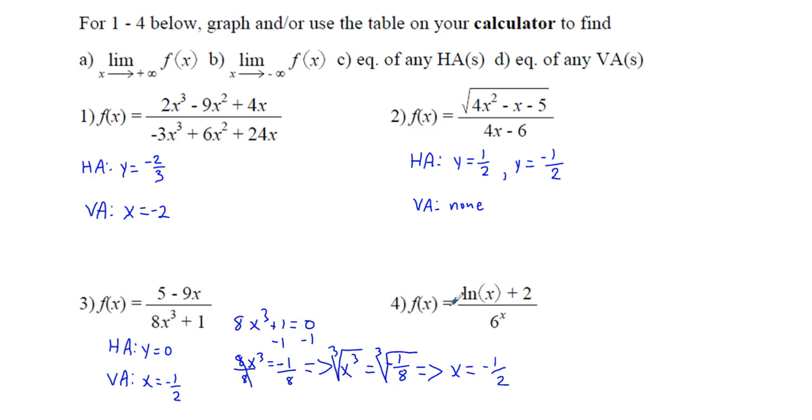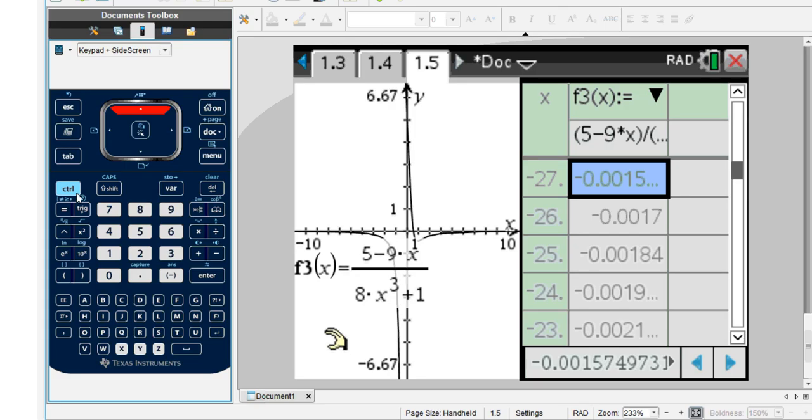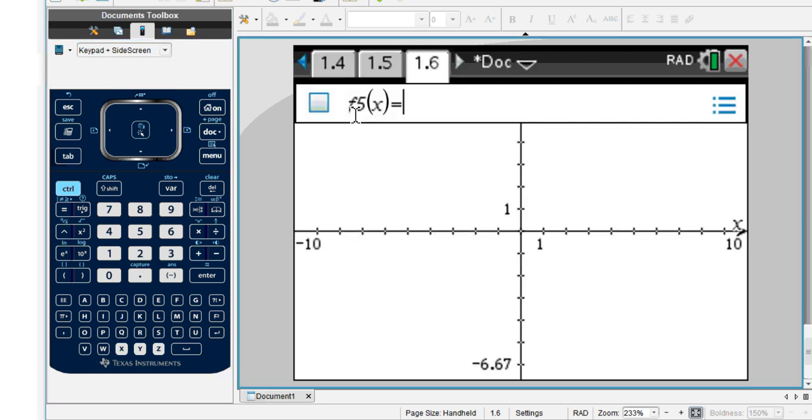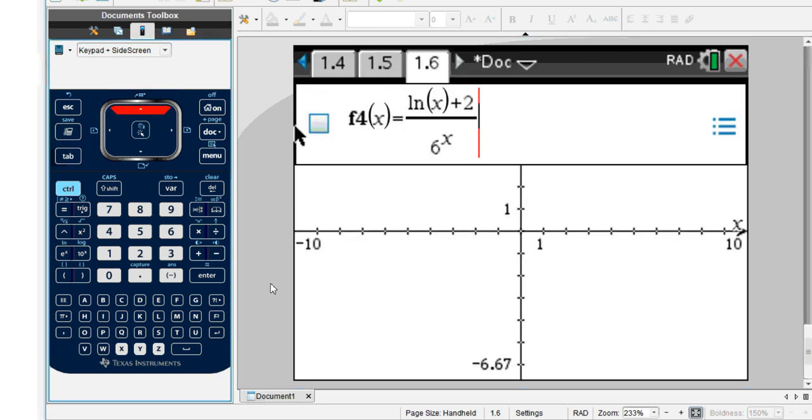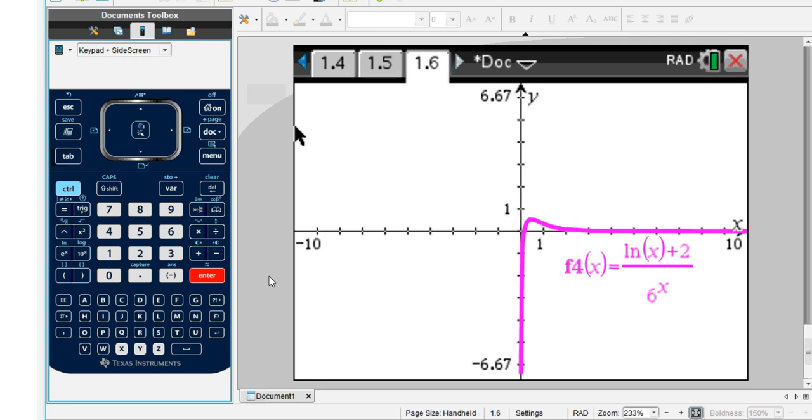Last one, f of x equals ln x plus 2 over 6 to the power of x. And let's go ahead and look at our equation here. Control I, add graph, and here's that function entered.